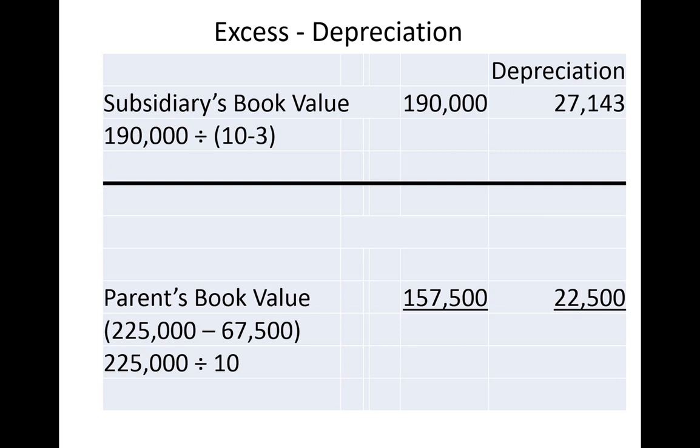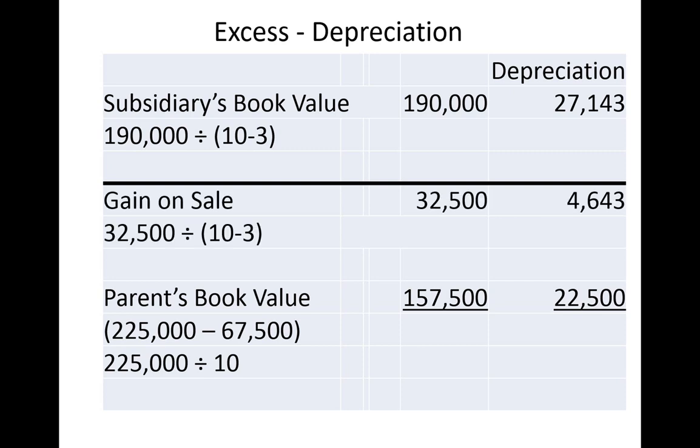And we can take this $27,000 and break it down into two components. Of the $190,000 that the sub purchased, it represents $157,000, the book value that the parent had, and the gain that the parent had, which was $32,500.